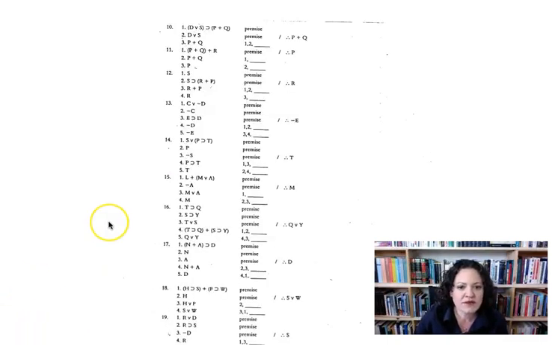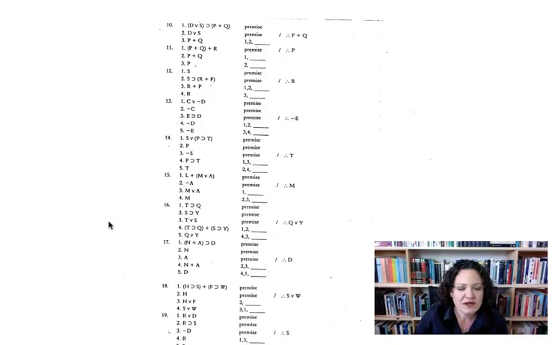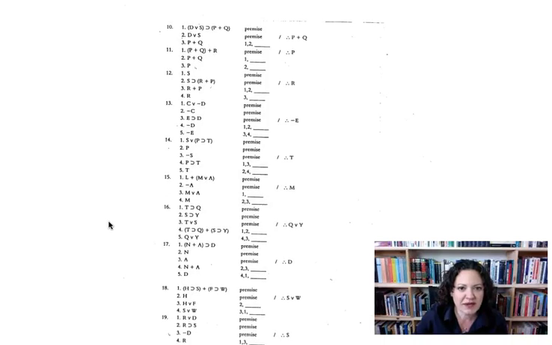Okay, here we are with some of the harder problems from the second page. Let's do number 10. Look at number 10. I'm just going to draw as I read it for you. So line 1 says D or S, and that's within a bracket, so it's a unit.